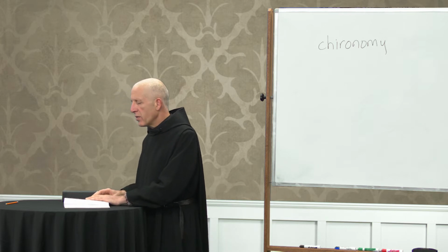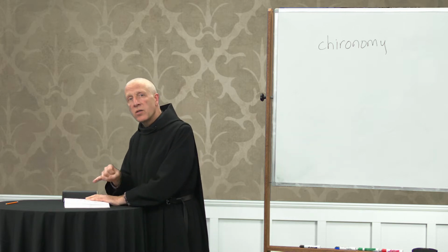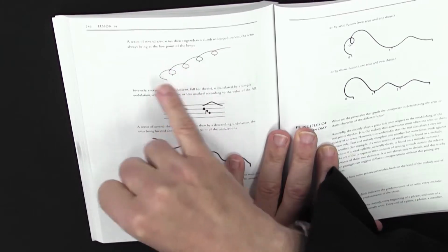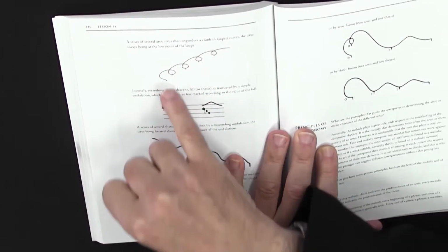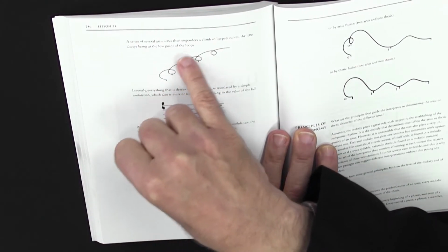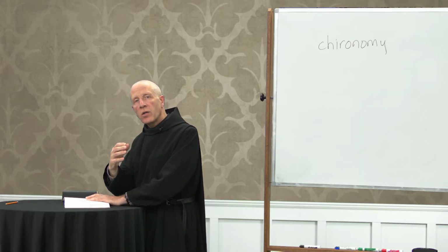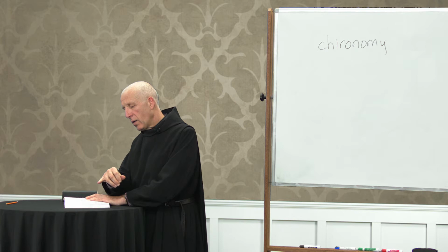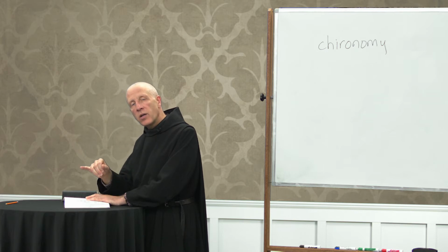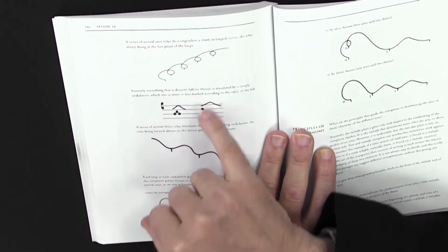We remind ourselves that a series of arsic ictus make loops. Whereas when the melody goes down, you express that by an undulation. Instead of looping, you undulate, like this.